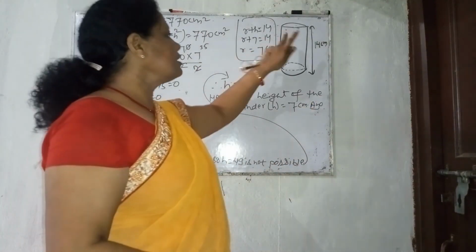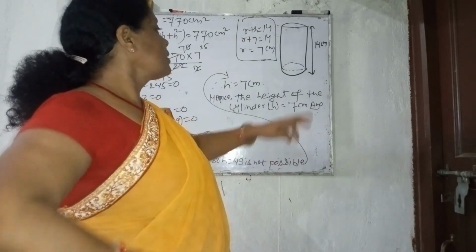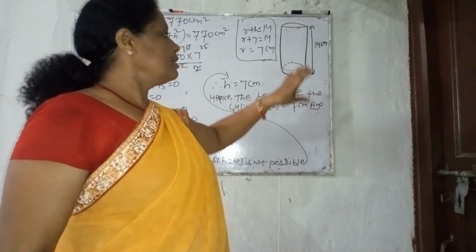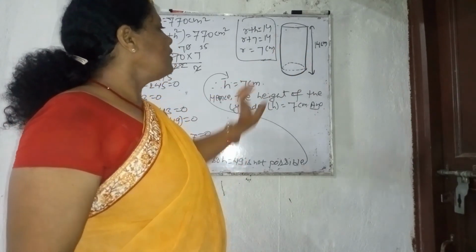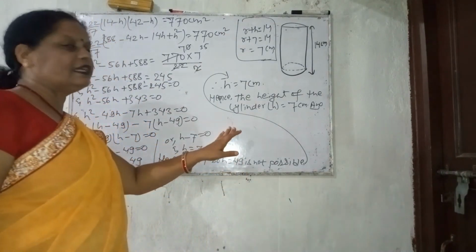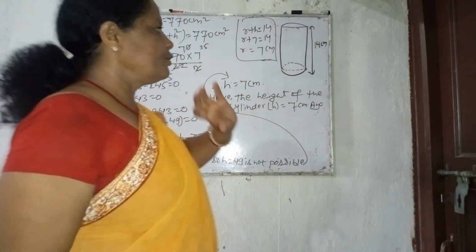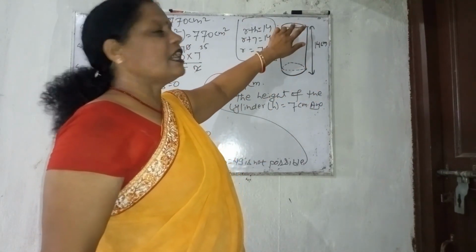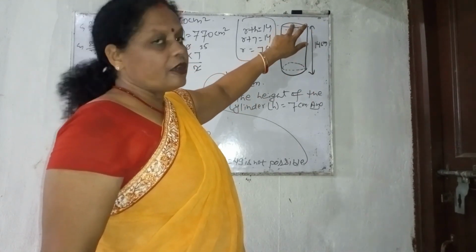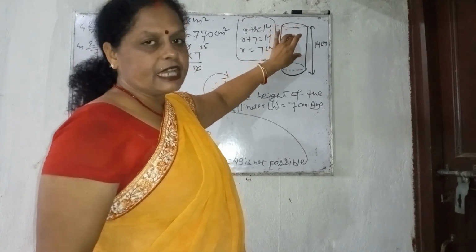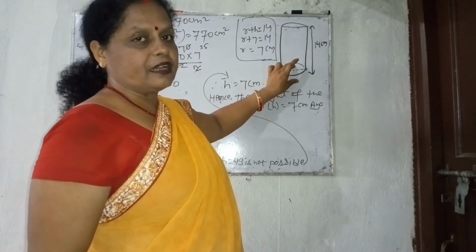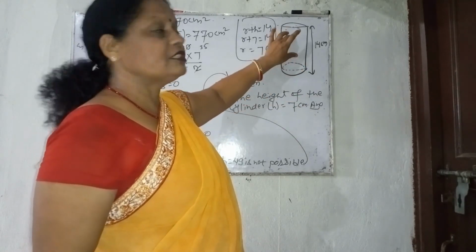Total surface area was given, and r plus h were given. Then we had to find only the height of the cylinder. So we can do it this way. We only have to remember the area of this upper part, then the curved surface area of the cylinder, and the curved surface area of the hemisphere. That will be the total surface area of this solid object.